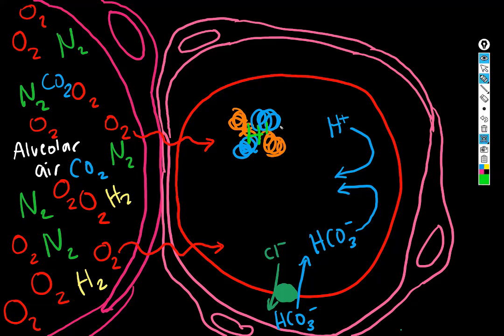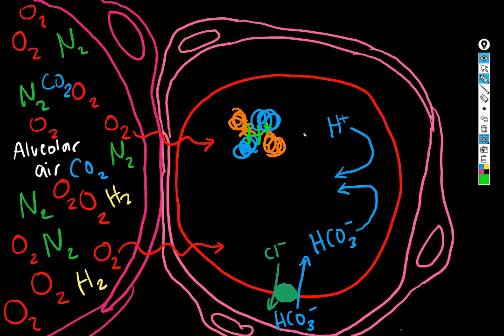So my protons have been riding around on the heme group of hemoglobin. But what that creates is a situation where the ambient pH inside of our red blood cell is pretty high, because when a proton is bound to another compound, it can't contribute to the pH of a solution.